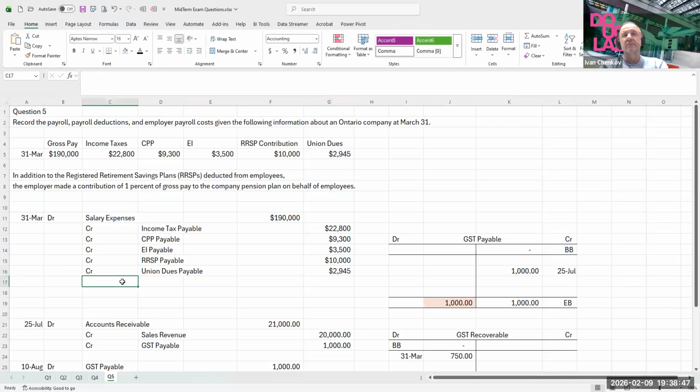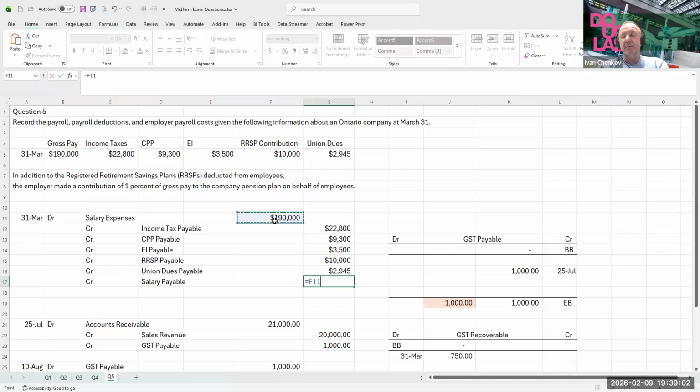The rest is going to be salary payable. That's going to be 190 minus the sum of all those.